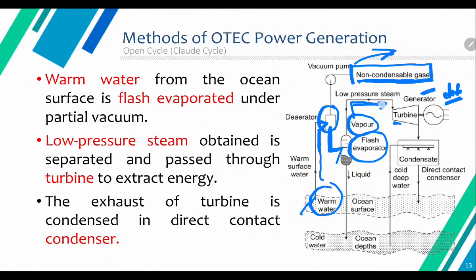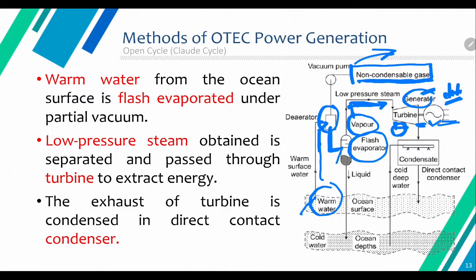The steam produced from the evaporator goes to the turbine, and using this thermal energy the turbine is rotated and coupled to the generator, from which electricity is produced.